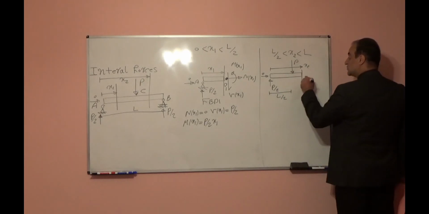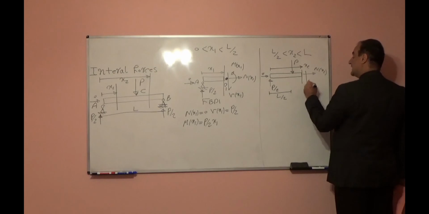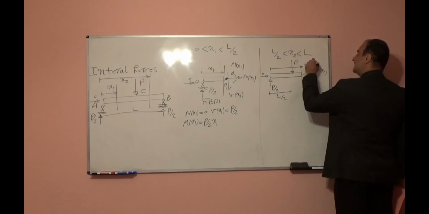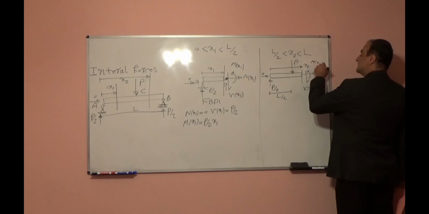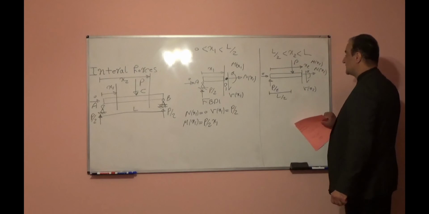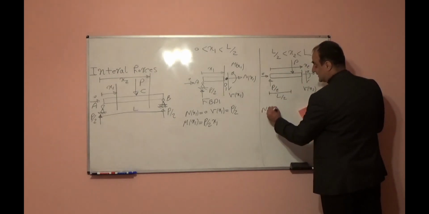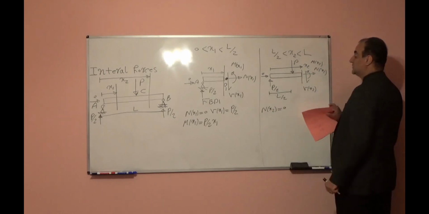Now if I show the internal forces in this section, I will have nx2, I will have vx2, and I will have mx2. Let's find these internal forces using equilibrium equation again. Summation of forces in horizontal direction equal to 0, I will have nx2 is equal to 0.